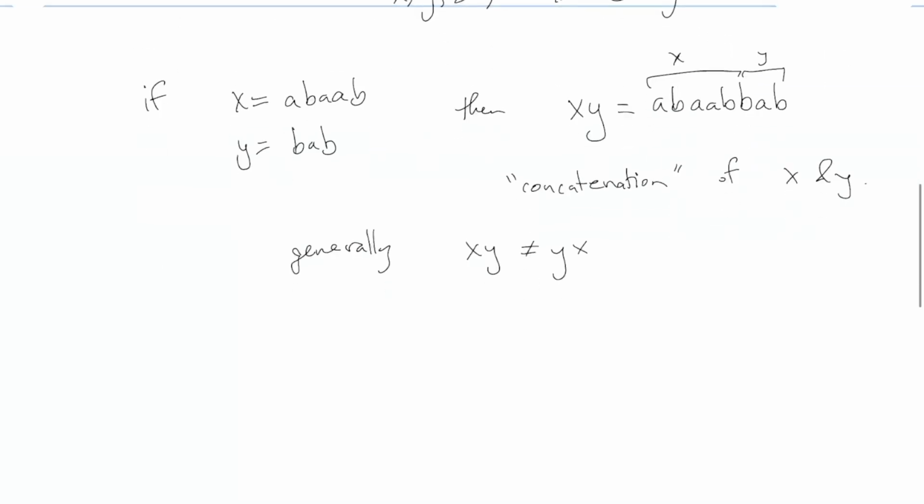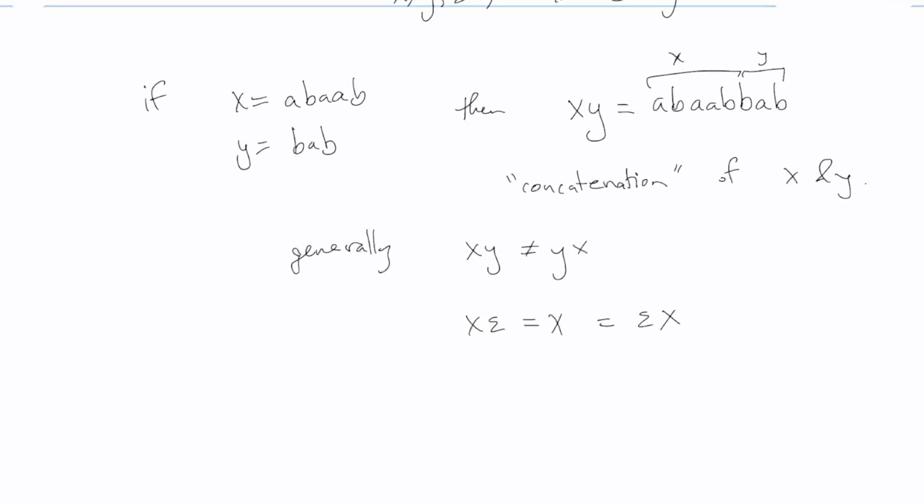It is always true, though, that X followed by the empty string is X. If you start with X and then add onto the end of it nothing, you still get X. And this is also equal to the empty string followed by X. This is the concatenation operation.